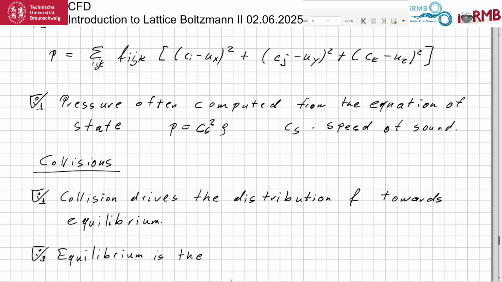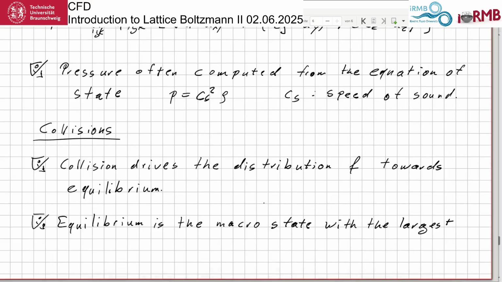So equilibrium comes from the comparison between macro and micro states. If you remember your thermodynamics class, yeah. Equilibrium is only defined in the macro state as the macro state with the largest number of realizations, and a realization is a microstate.